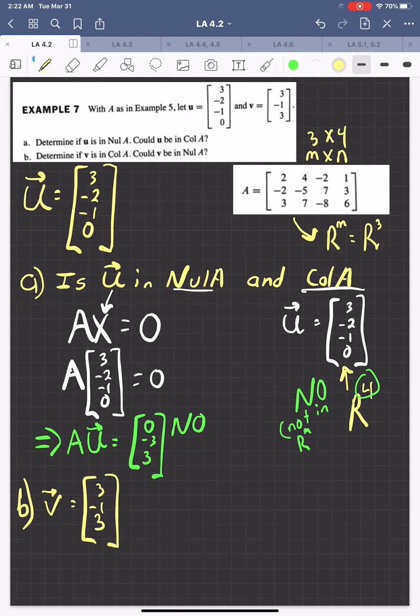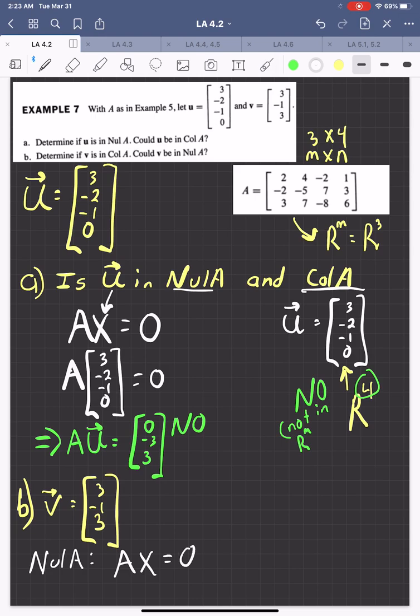Okay, so let's start with the null space. The null space is, so AX has to equal 0.